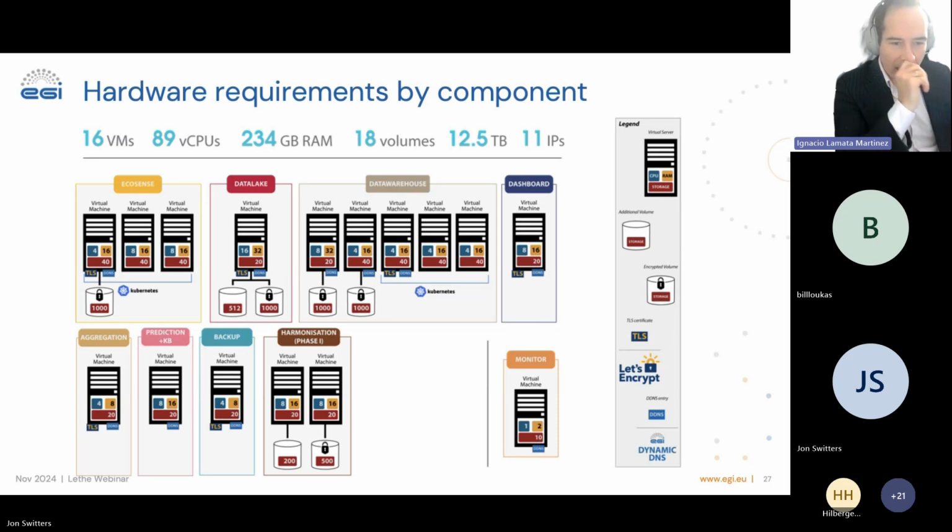And for the EcoSense, we have here represented the structure that we use, and it's based on these three machines that are configured in a Kubernetes cluster. So probably this language is a bit technical, but basically what we do is we allocated some virtual servers, some machines, some computers to run the application.